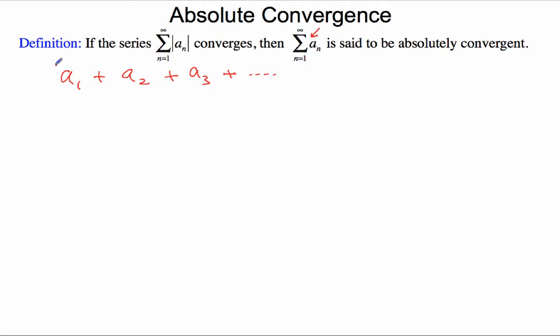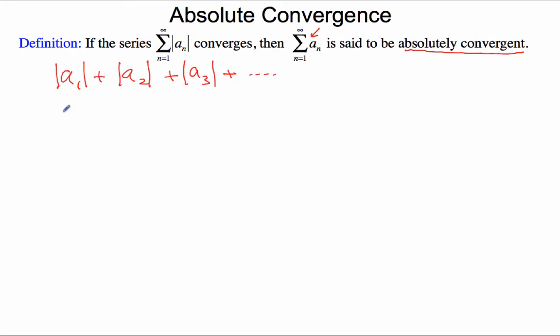Now, if the magnitude of a1 plus the magnitude of a2 plus the magnitude of a3 can all be added up to give a finite result, in other words, if this series converges, then we say that this series here, that is of ANs, is absolutely convergent.